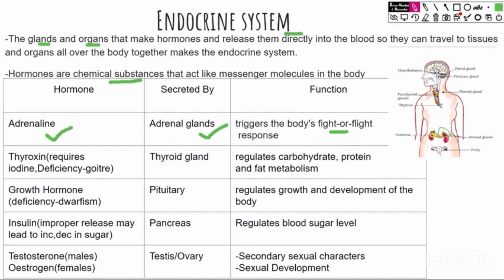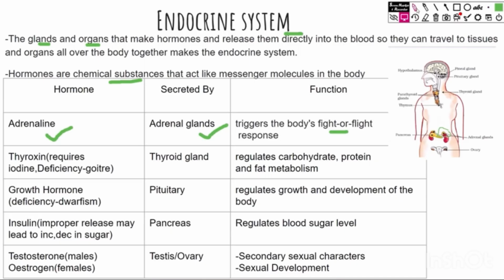For example, if the person is in some kind of trouble, you have an animal in front of you, or there is some emergency, in those cases this hormone comes into play. It either rescues you or enables you to fight the situation. So this is the function of the adrenaline hormone.